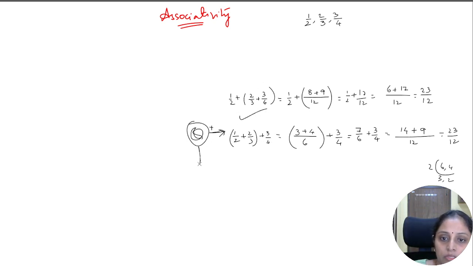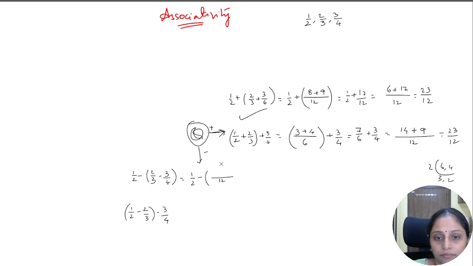Now coming to subtraction. I have (1 by 2 minus 2 by 3) minus 3 by 4 and 1 by 2 minus (2 by 3 minus 3 by 4), right? Now this is 1 by 2 minus, I have the LCM is 12 here.